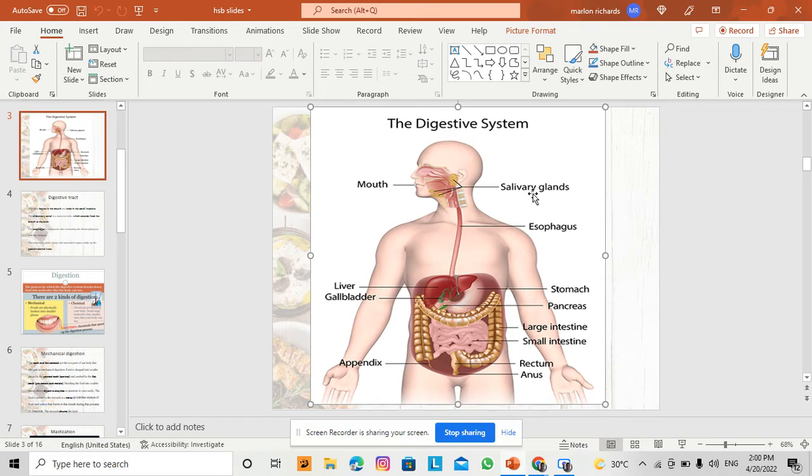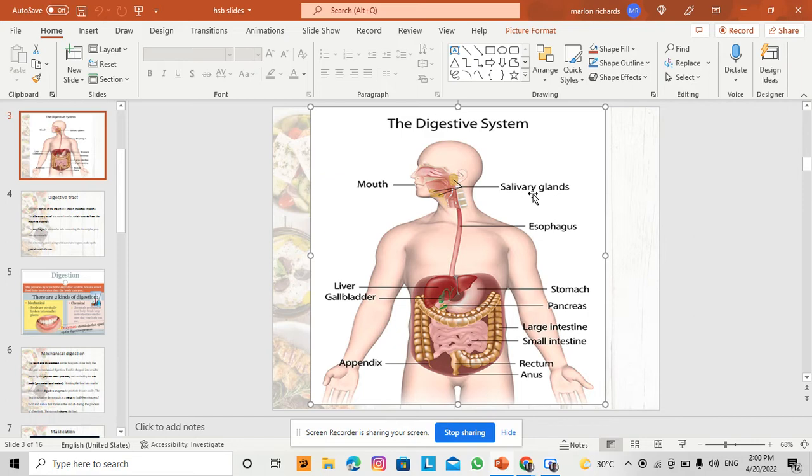When the amylase, as I said previously, mixes with the saliva, it breaks down starch to produce maltose, right? So when the amylase mixes together with the saliva, it breaks down starch to maltose, and that saliva along with the amylase is known as salivary amylase.